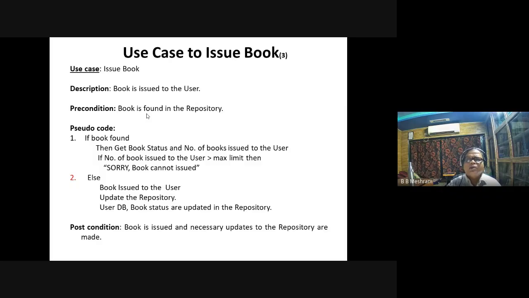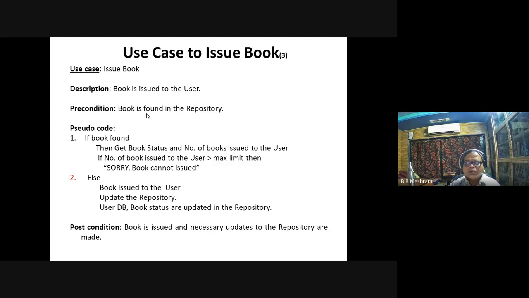And then you can write the template for the issue book. So use case is issue book. Description, book is issued to the user. Precondition, book is found in the repository. Then pseudocode, if book found, then get book status and number of books issued to the user. If number of books issued to the user is greater than maximum limit, then sorry, book cannot be issued.